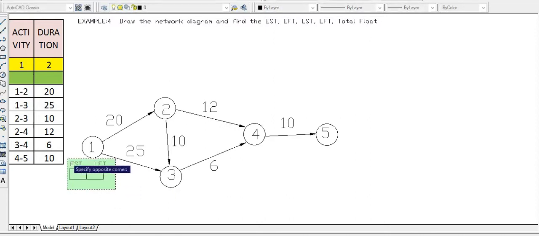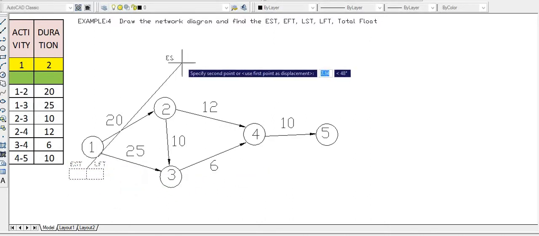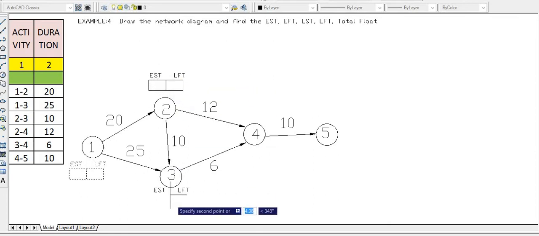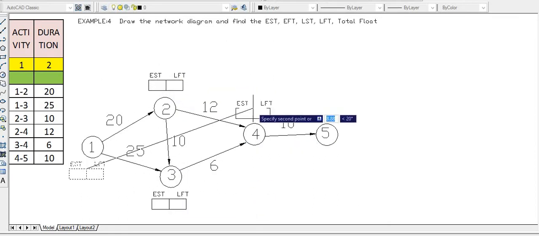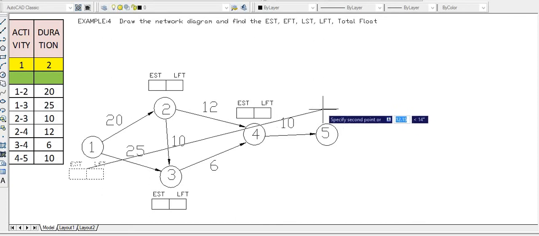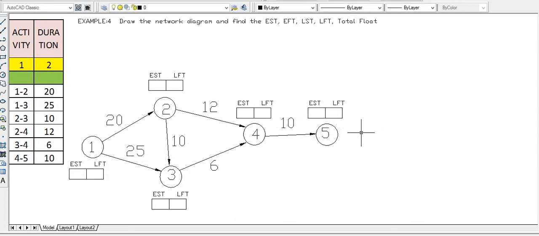So we will copy this for each. So first we have to find out earliest start time and latest finish time for all the events. This circular part is nothing but a node, which is called an event. This arrow part is nothing but the activity.